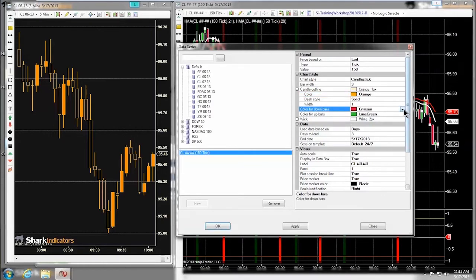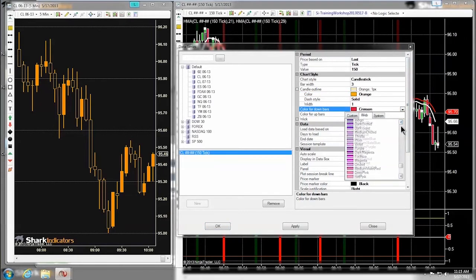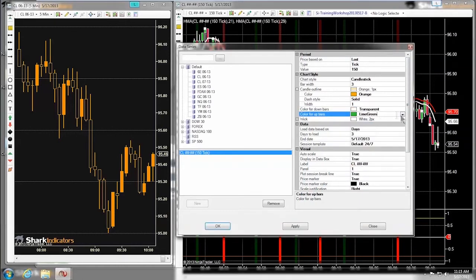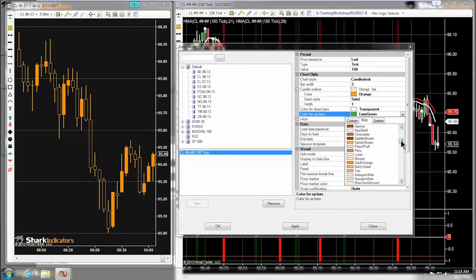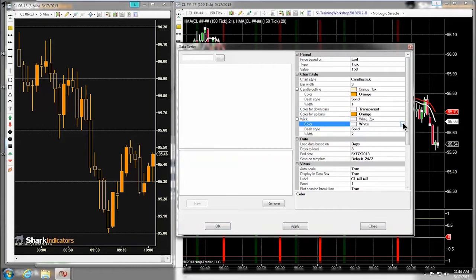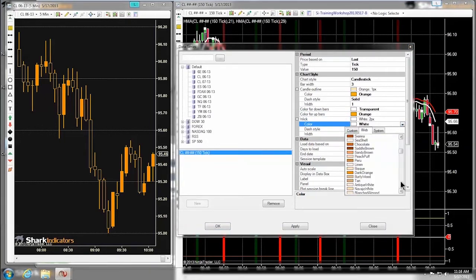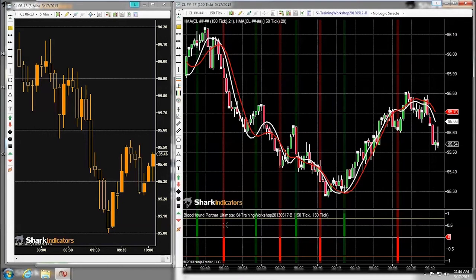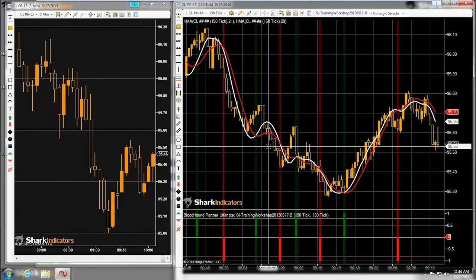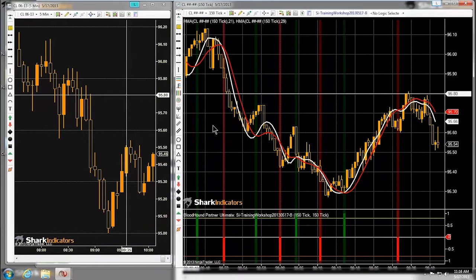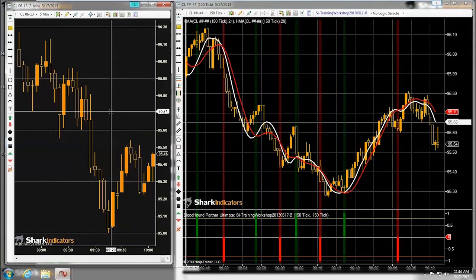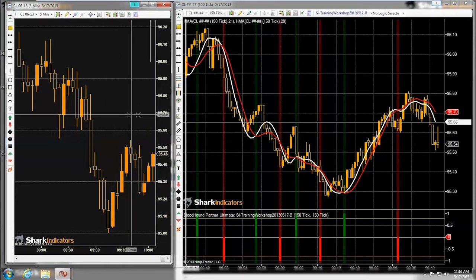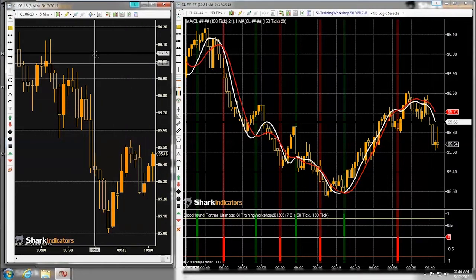Let's see, down bar. Okay, great. So now I just need to load this BloodHound template on the 5-minute chart, and then we'll be able to easily see what's going on here.